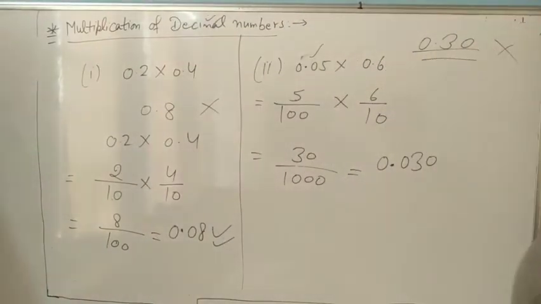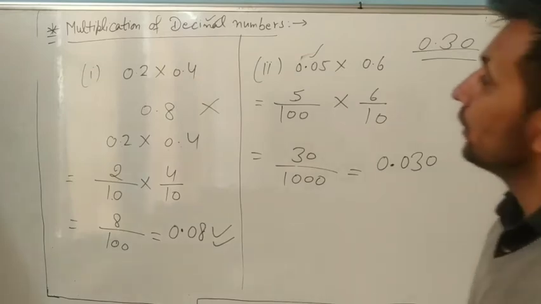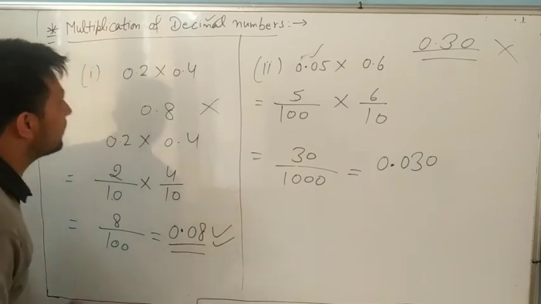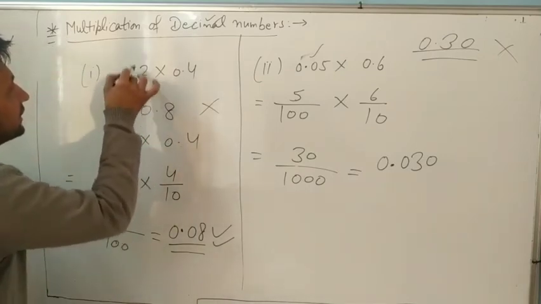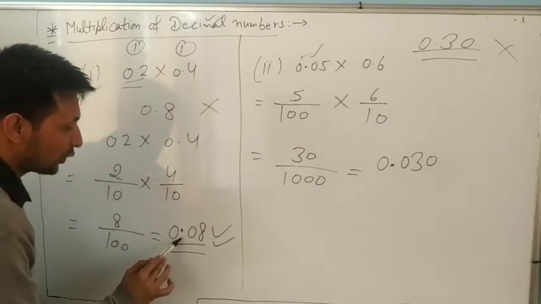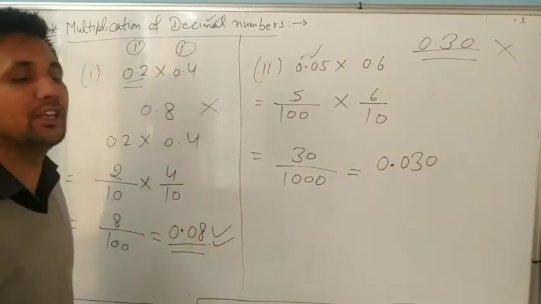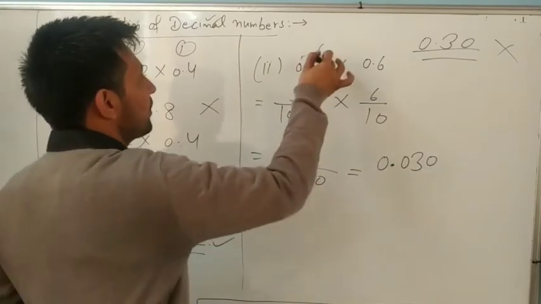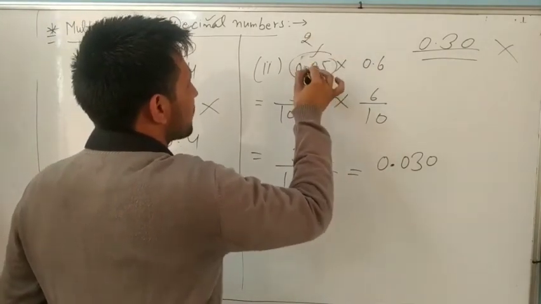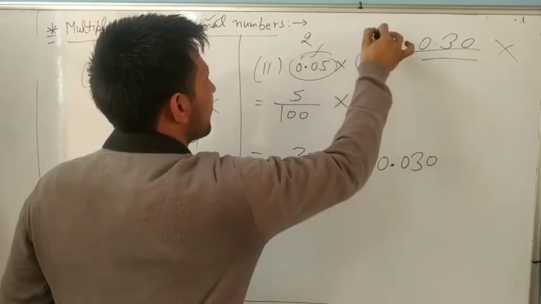What can you conclude from here? What can you guess from these two questions? We observe that here, after the decimal, how many digits? Here 1, here also 1. So 1 plus 1, 2. So after the decimal there are 2 digits. Now here, how many digits after the decimal? 2. And here 1.